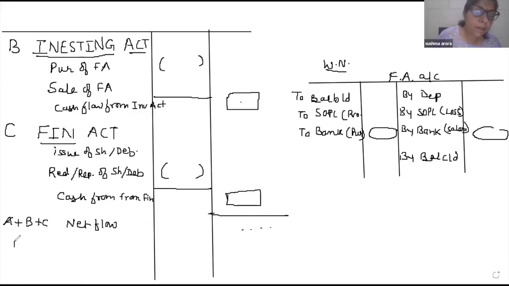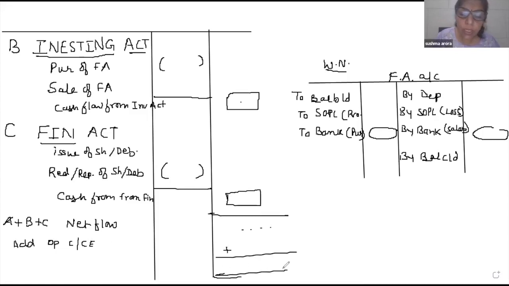Now add opening cash and cash equivalent. Add these, you will come to know the answer, that is closing cash and cash equivalent. Okay, see children, here you have to make this type of account, and cash and cash equivalent.